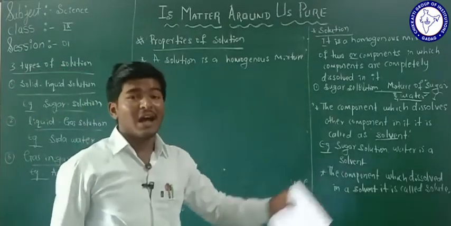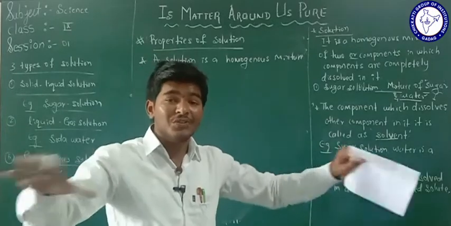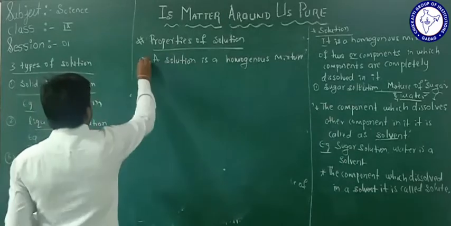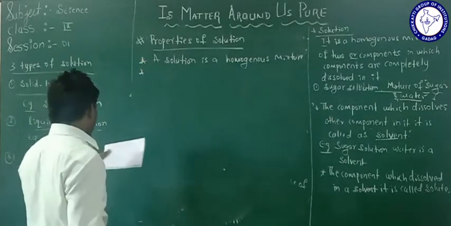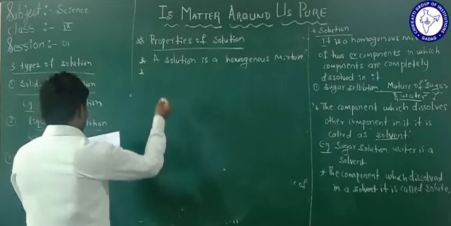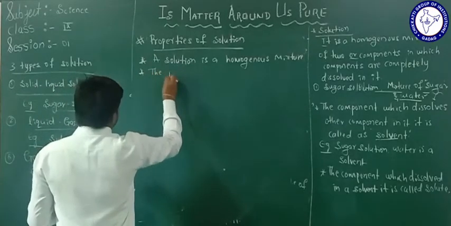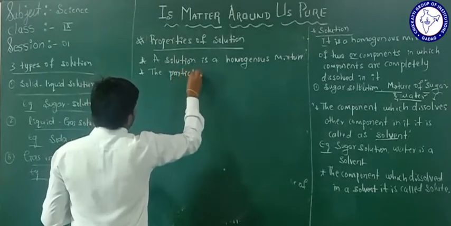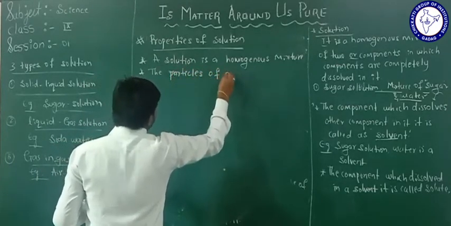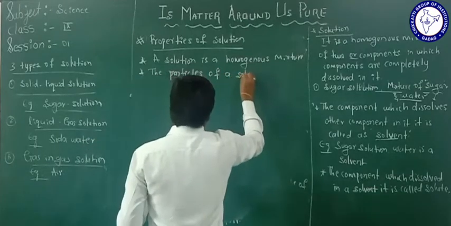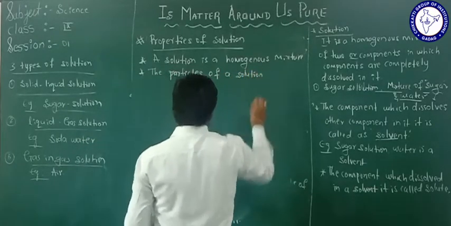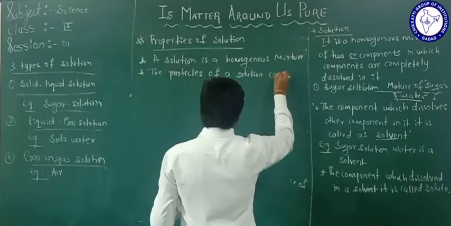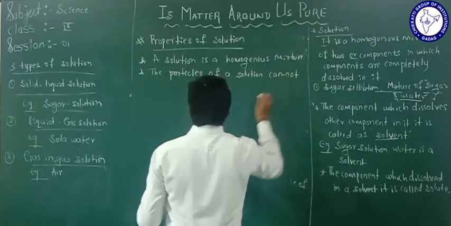Homogeneous mixture means all the components of the mixture are uniformly distributed throughout the mixture. The second property: the particles of a solution cannot be seen by naked eyes.